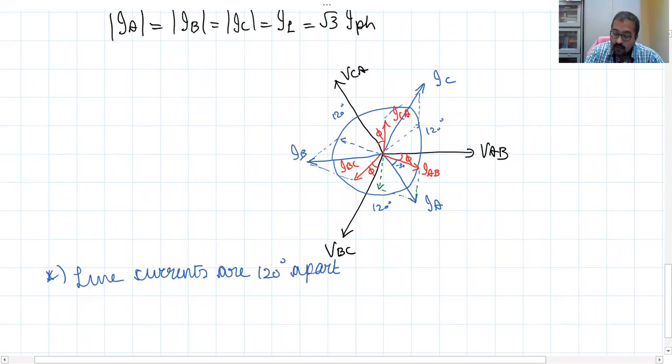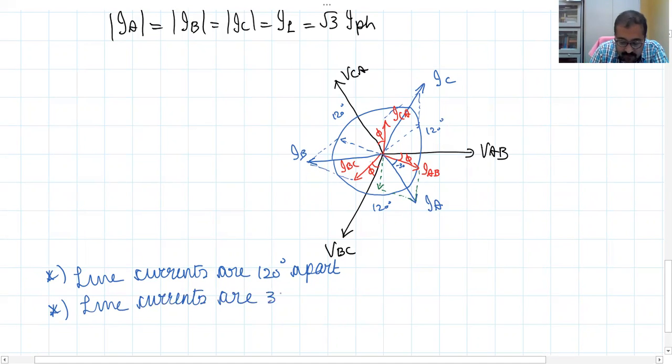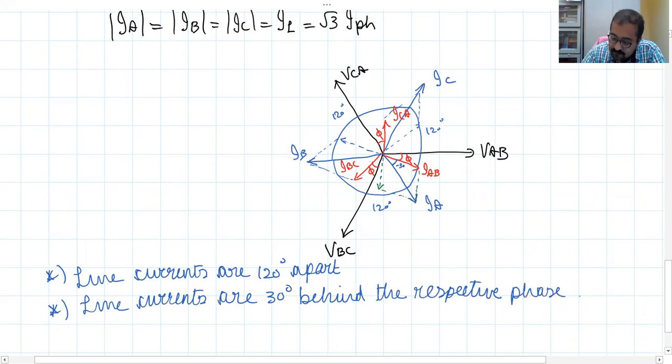Okay, then see, each line current is behind the phase current by an angle of 30 degrees. Okay, then line currents are 30 degrees behind the respective phase currents. Okay, they are 30 degrees lagging, we can see.